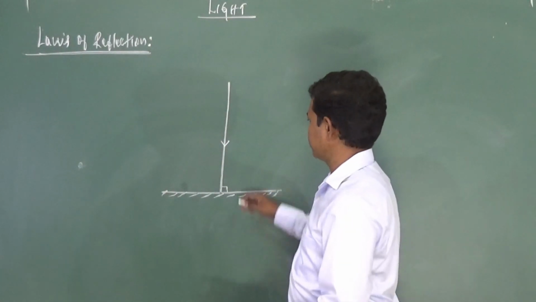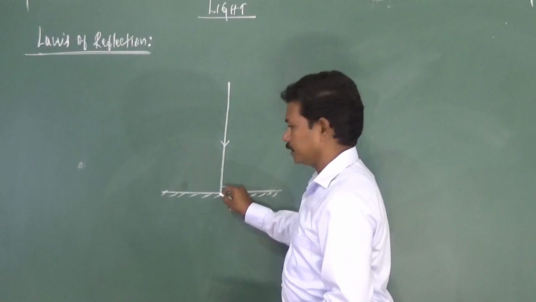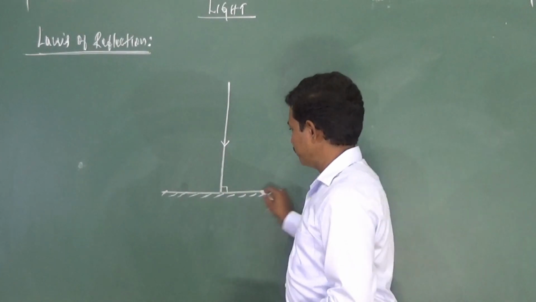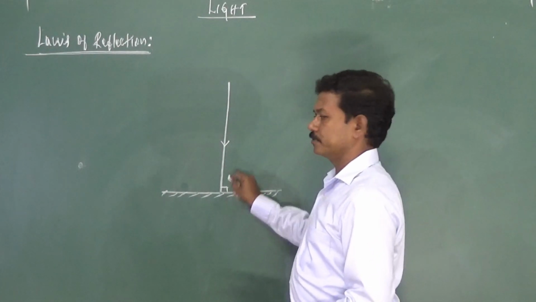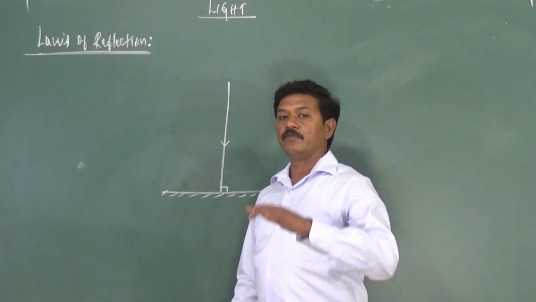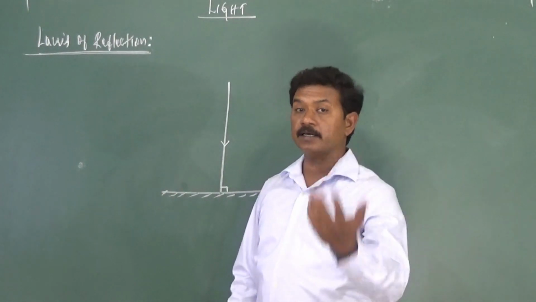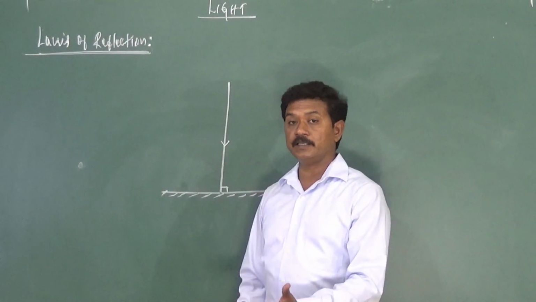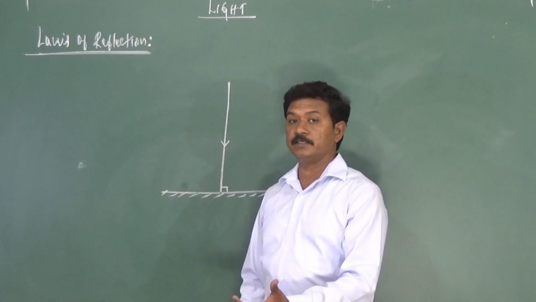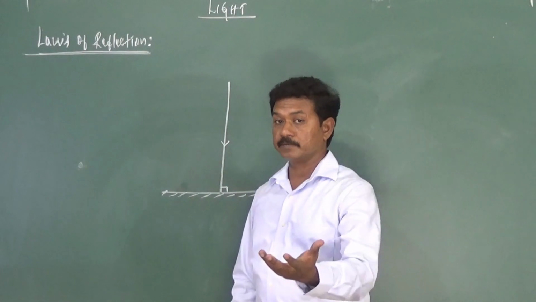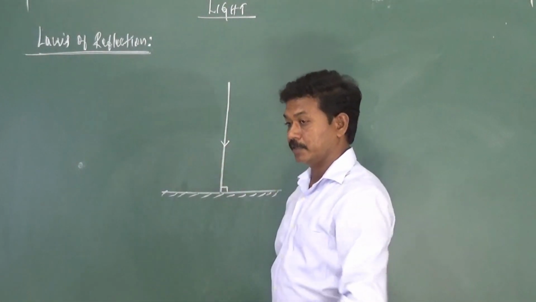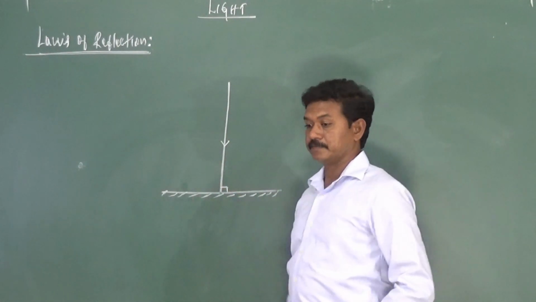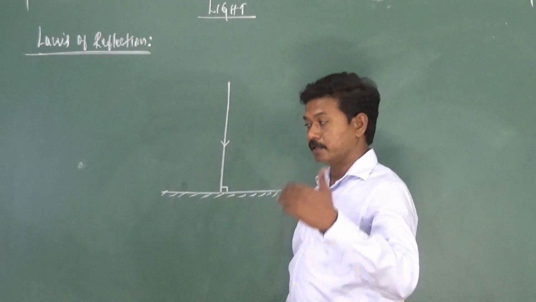So what happens to the light ray when it falls on a plane mirror perpendicular to it? This is very important because when drawing certain ray diagrams, to find out the position of the image and the size of the image during the ray diagrams of convex mirrors and concave mirrors, we need this concept. At that point I will again recapitulate.